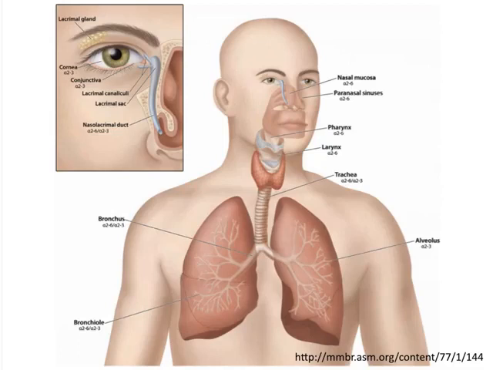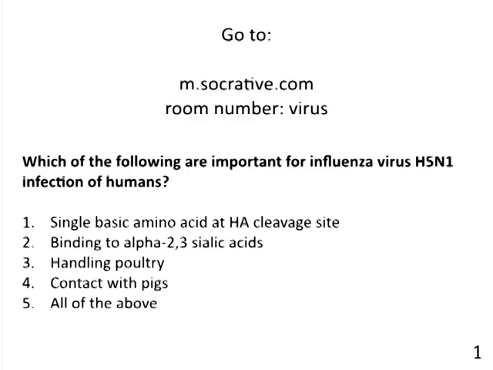So avian influenza viruses could actually infect your eye tissues and then drain into your nose, and then it could drain down into your lower lung as well. There is actually evidence that this was part of the Netherlands outbreak of avian influenza virus. A number of poultry workers had conjunctivitis, inflammation of the conjunctival membranes caused by that avian influenza virus strain. So that's one way it's thought that these could get into our lungs.